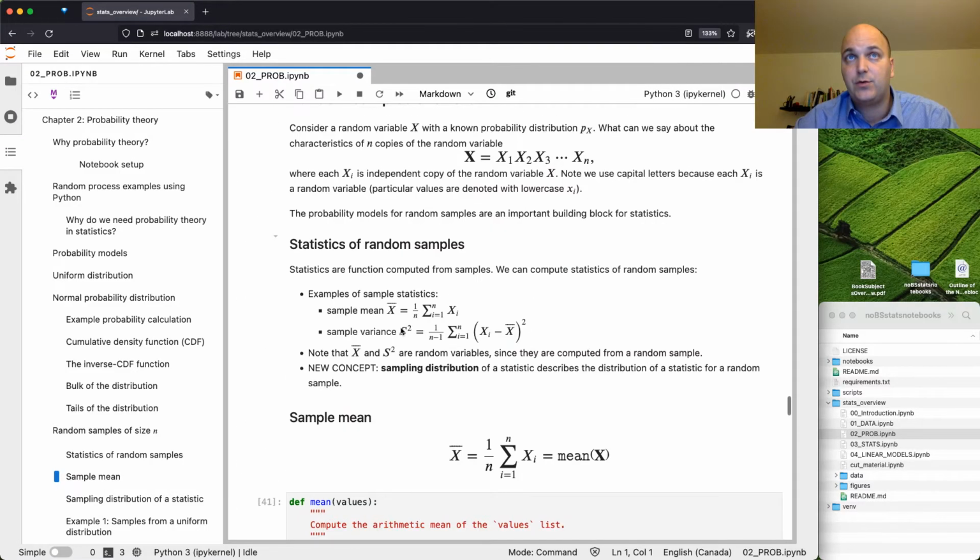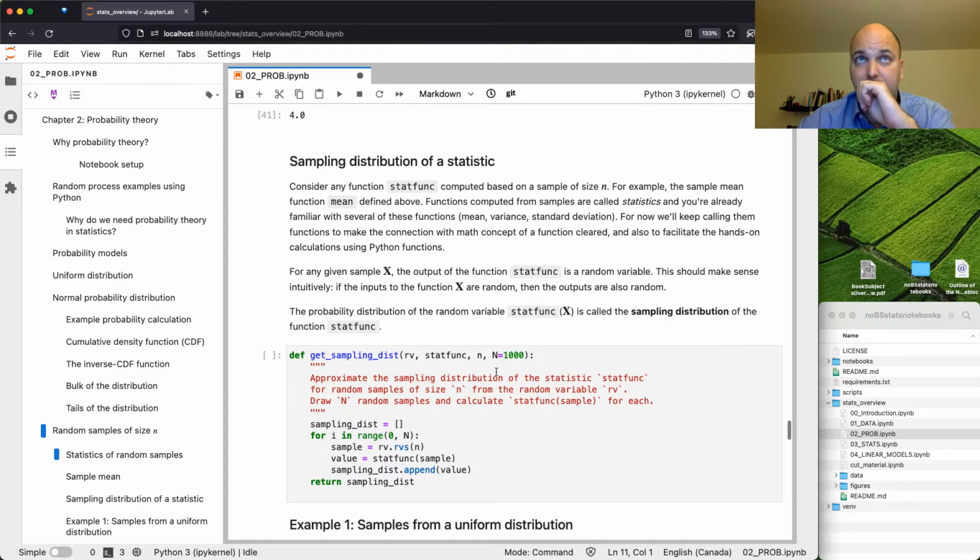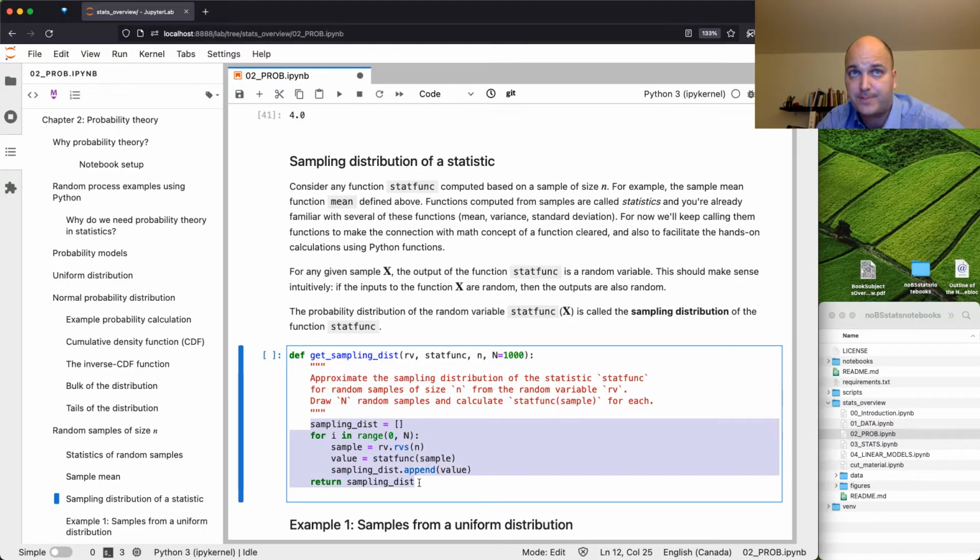Okay, so now we're going to try to explain the sampling distribution. Sampling distribution is perhaps the most important concept in the whole book, in fact, and the most difficult to understand, unless you write it using programming.